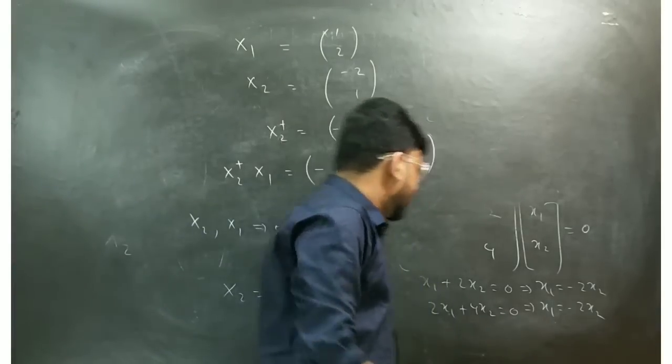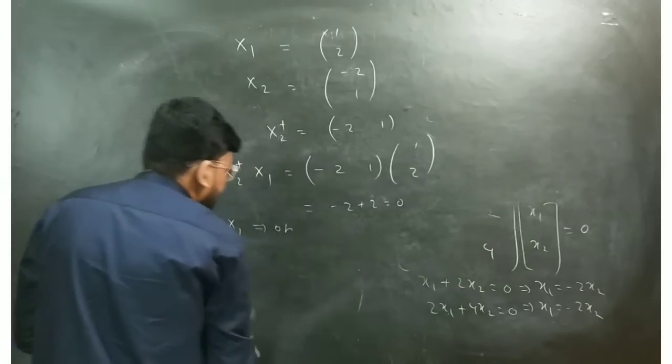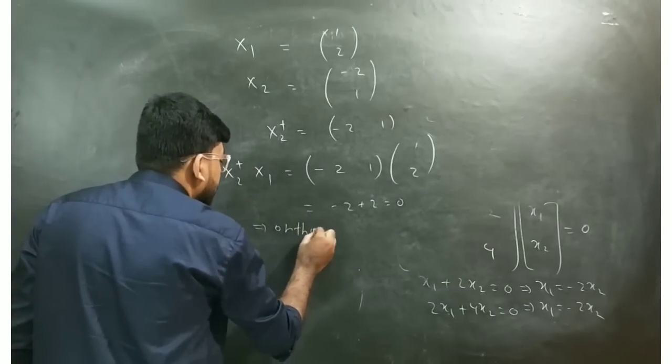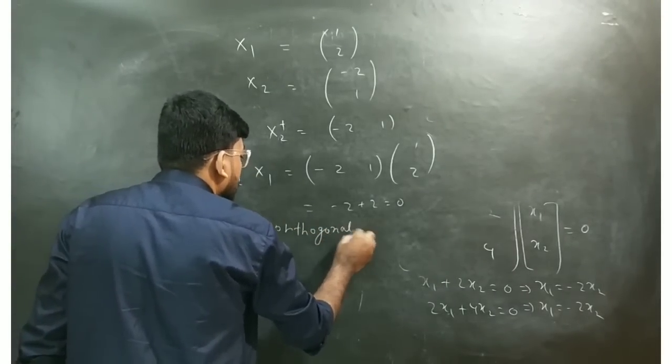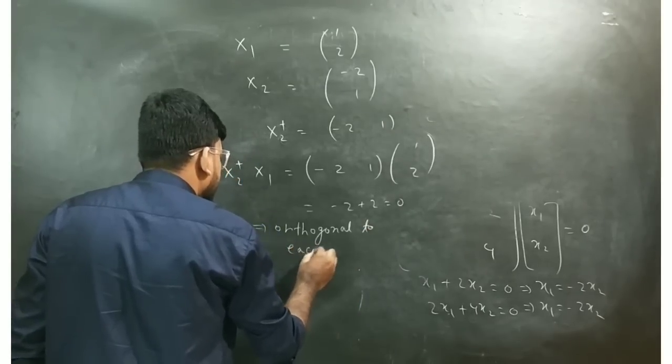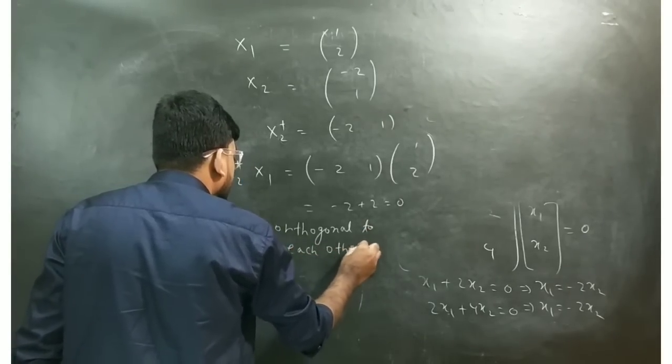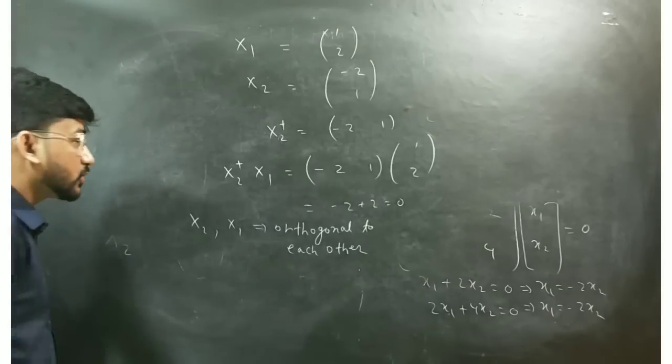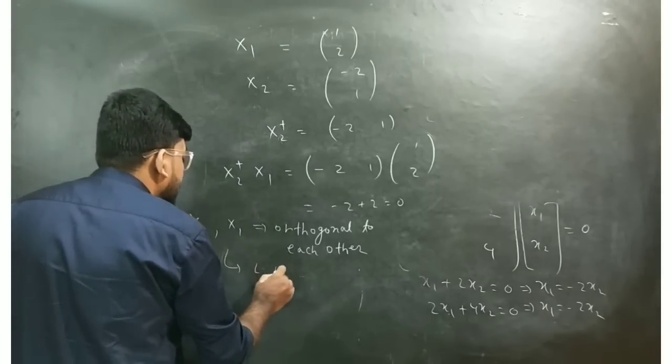And if this x1 and x2 are orthogonal to each other, then these are linearly independent also.